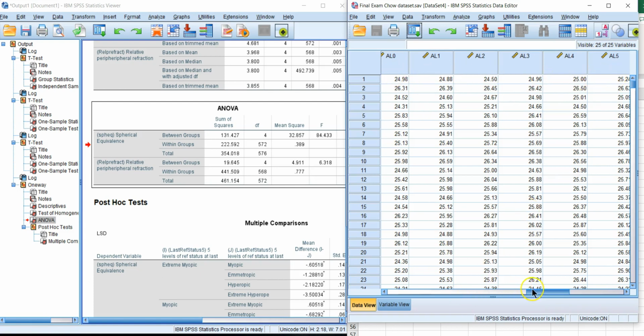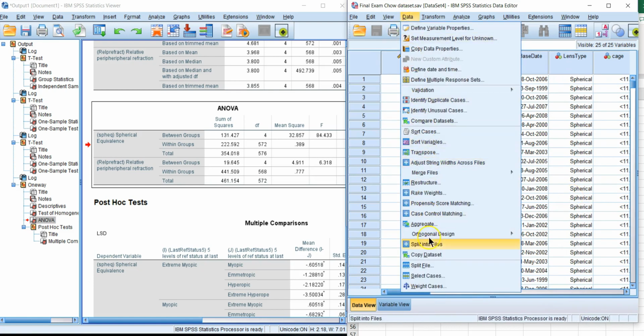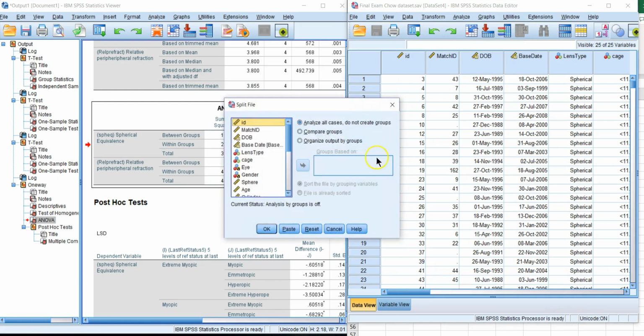Now in the Chow data set, this is an ortho-k case study, and we had two different lens types: spherical and aspherical. So let's split the data by lens type, because we don't want to combine and look at this pre-post across both lens types.